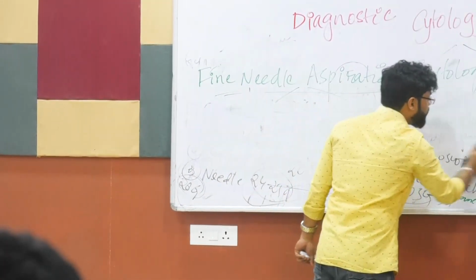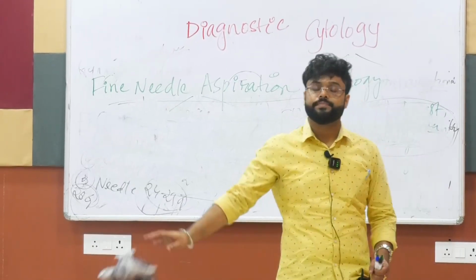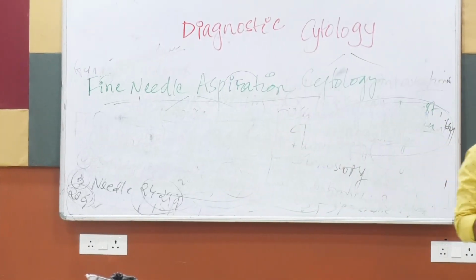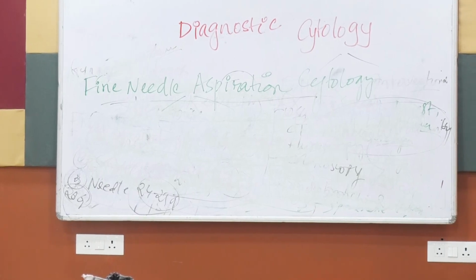What are the common fixatives used in fine needle aspiration cytology? Tell me, which fixatives are used? What is the most common fixative? I said it a little while ago. The most common fixative used in all kinds of cytology is 95% ethanol.